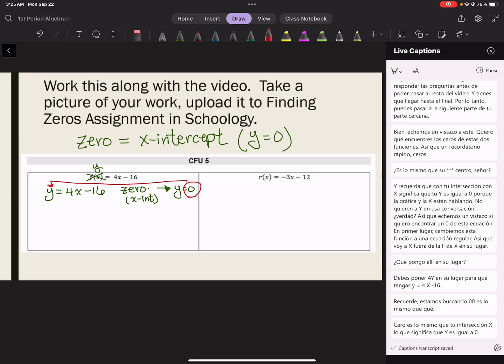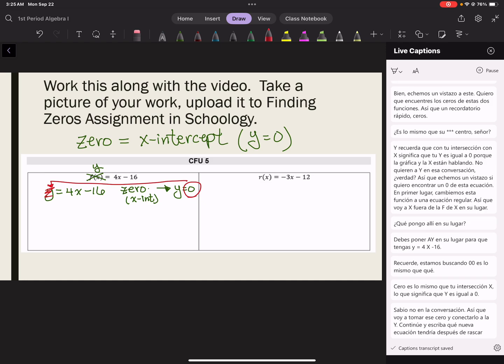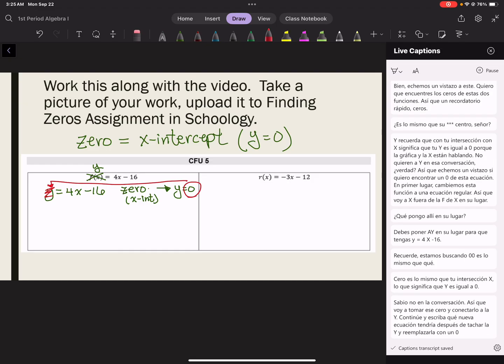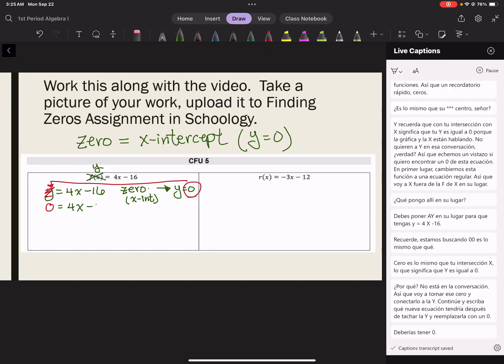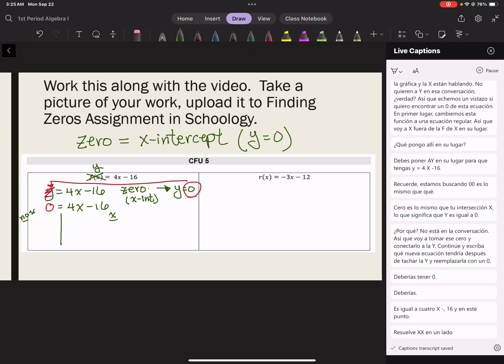Go ahead and type out what new equation you would have after you scratch out the y and replace it with a 0. You should have 0 equals 4x minus 16. And at this point, you should solve for x. X on one side, no x on the other side.